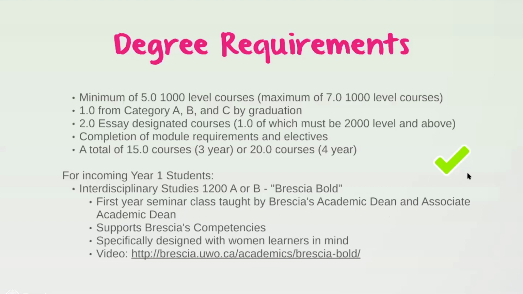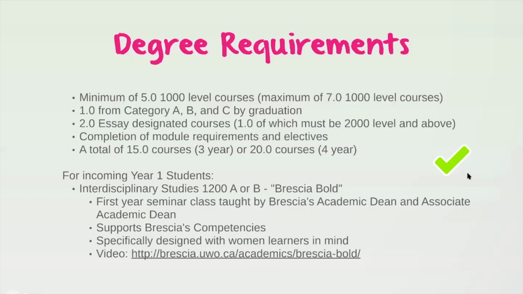You are required to have 2.0 essay courses. One of those 2.0 needs to be at the 2000 level or above. You'd be looking to complete all of your modular and degree requirements for a total of either 15 courses for a 3-year degree or 20 courses for a 4-year degree.